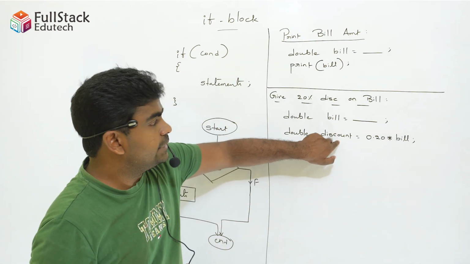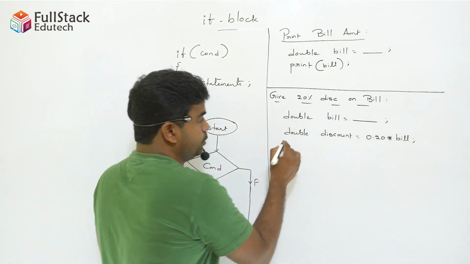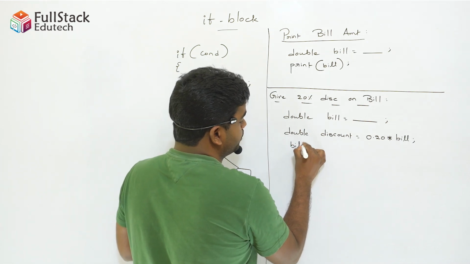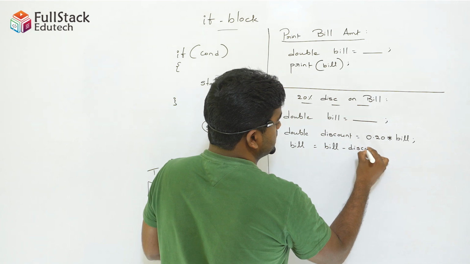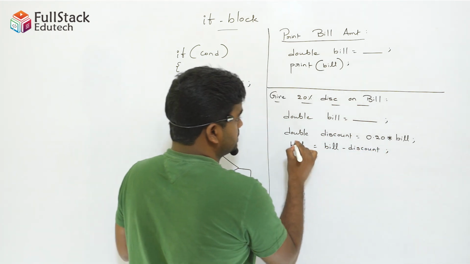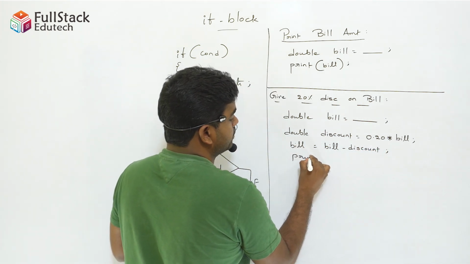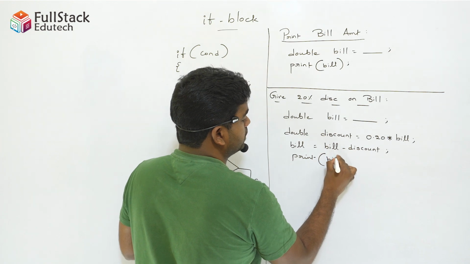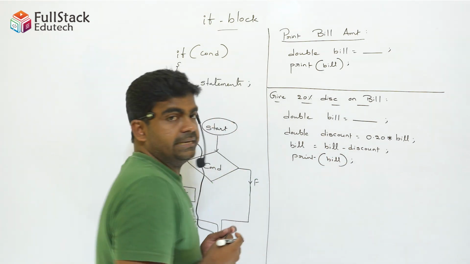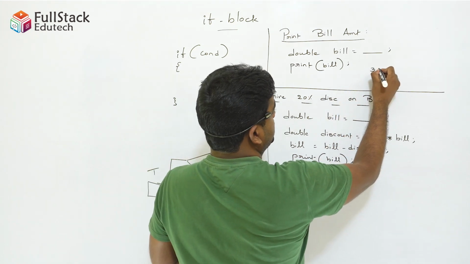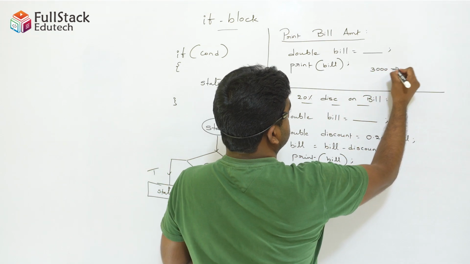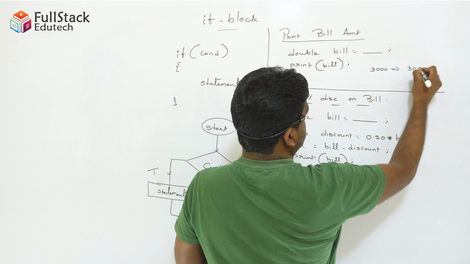Normally the discount we need to deduct from the bill. So bill is equal to bill minus discount, and finally printing that bill amount. Here, earlier, if the first customer bill is 3,000 rupees, you have to pay 3,000 rupees.